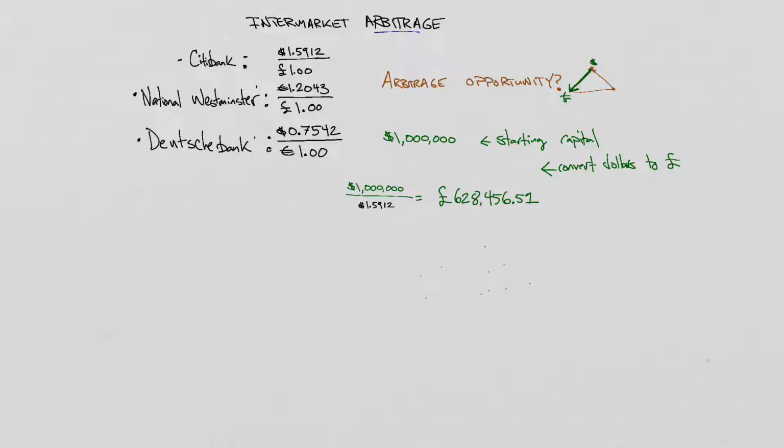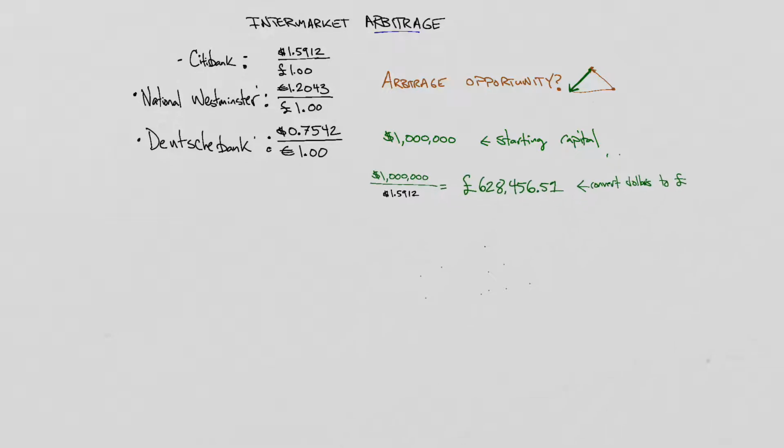And then the next step, I need to convert those pounds into something else. One thing I notice is that National Westminster is offering pounds in exchange for euros, or vice versa. So I can take my pounds here and exchange them for euros at National Westminster.